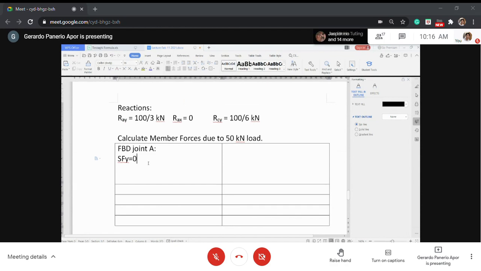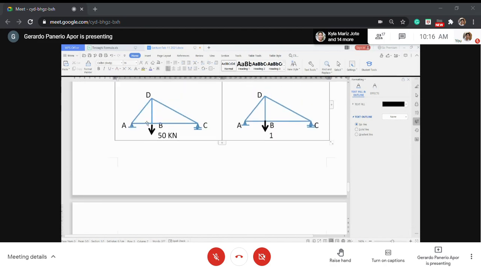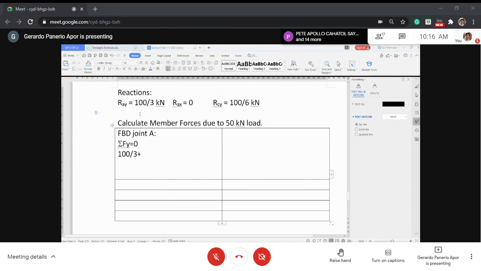You'll have an equation like this: 100 divided by 3 going up, then you'll have plus cosine of angle plus 0.8 N_AB equal to 0, N_ED equals to 0.